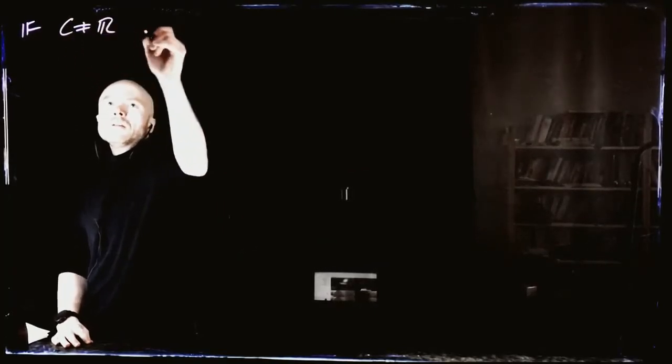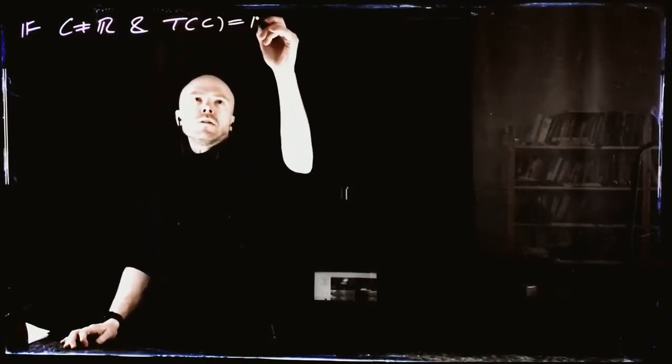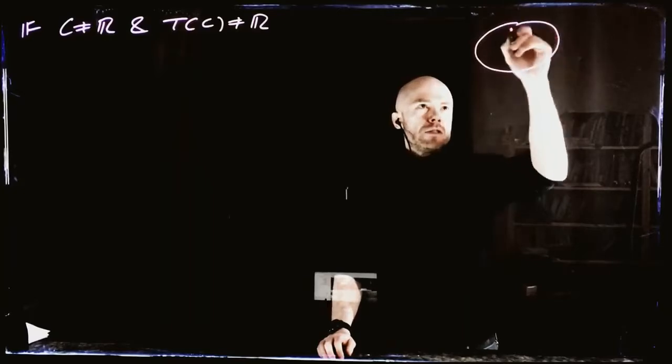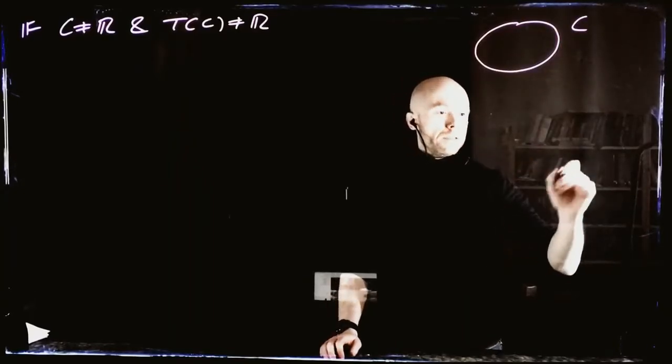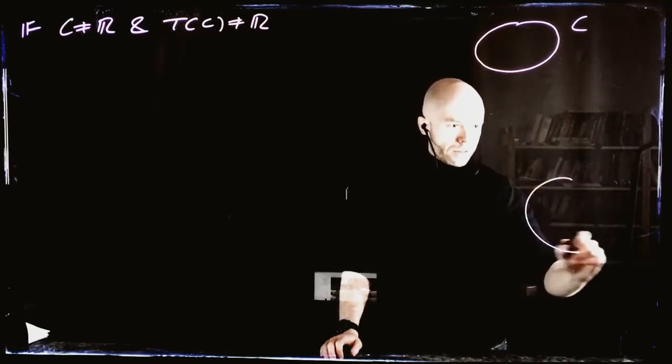Okay, so if C is not equal to the real line and T of C is not equal to the real line, then we have the most general situation. Let's draw a picture. So C could be this circle like this, and T of C could be another circle like this, say.